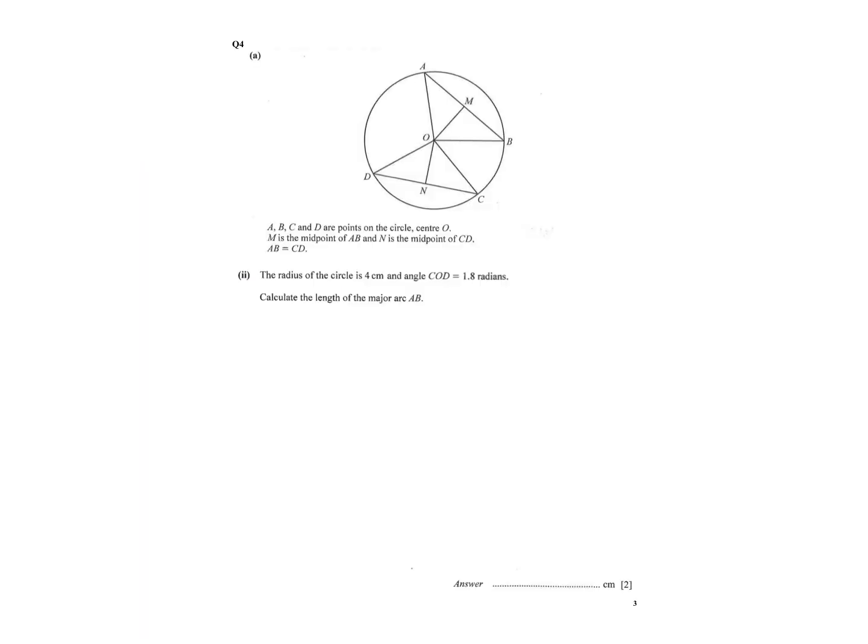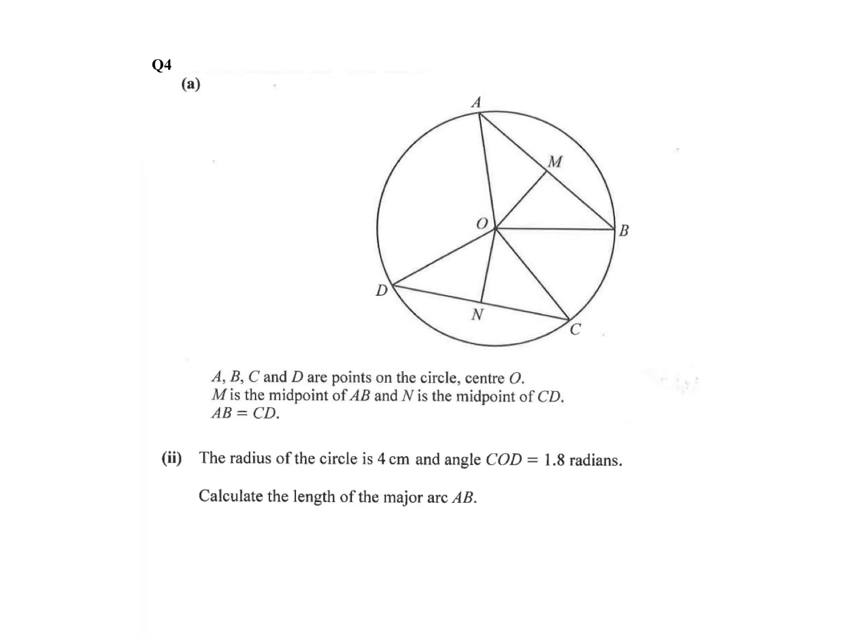Okay, let's look at question 4. So you look at the shape, it looks very fancy, but they tell you that M is the midpoint of AB, N is the midpoint of CD, and AB is equal to CD. They tell you a lot of info, right? Then they say the radius of the circle is 4. So go and put that in. 180 degrees is pi radians.